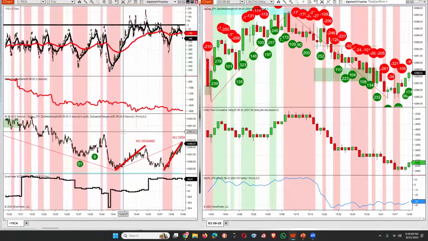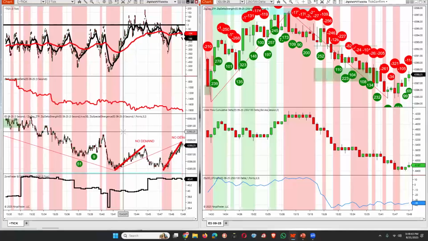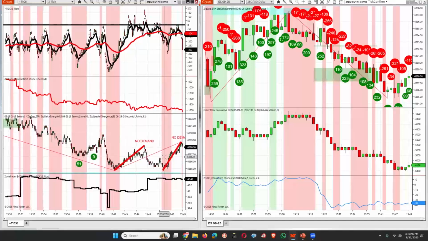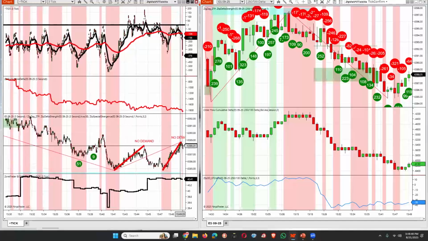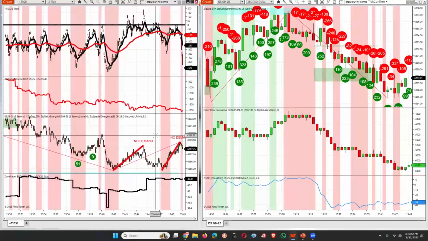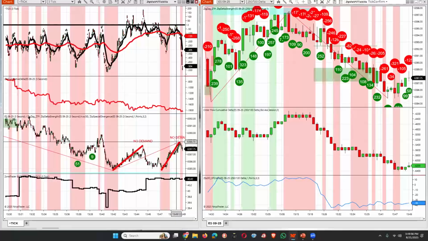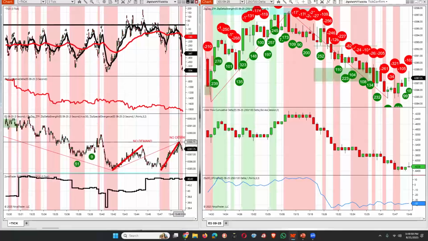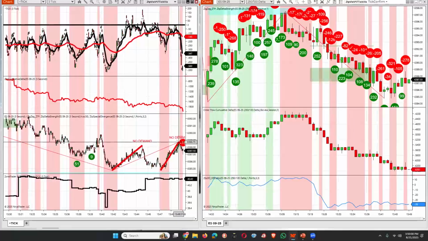We have that live special divergence right there. And if you noticed, I saw it come on, I think it was right about there. As it traded higher, we could see the divergence indicator tell us that it is still divergent up here.